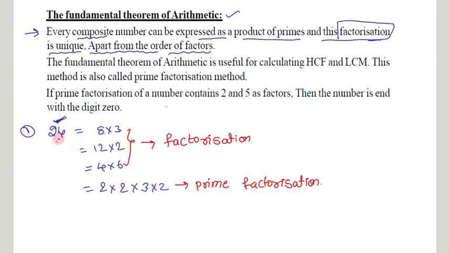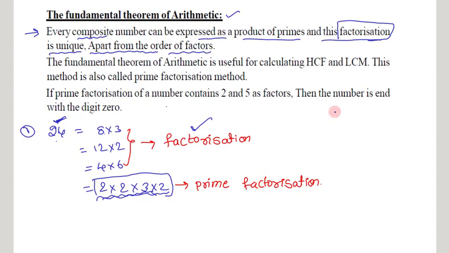If you write a number as a product of its factors, that is called factorization. In that factorization, if only primes are involved, as in the fourth one, where we involved only 2 and 3, so only primes are involved, this is called prime factorization.